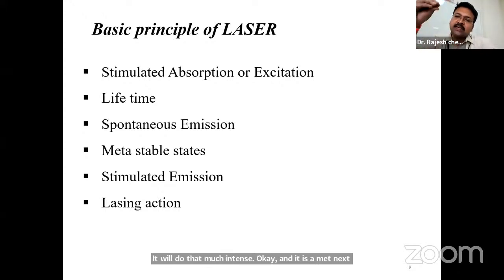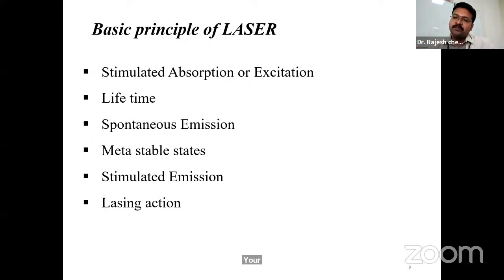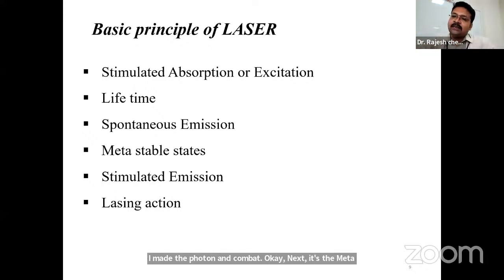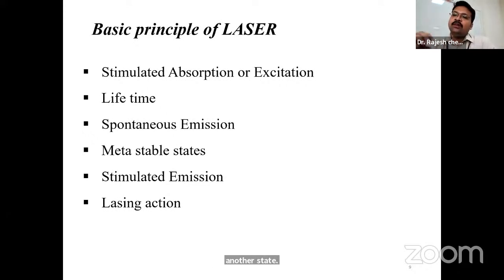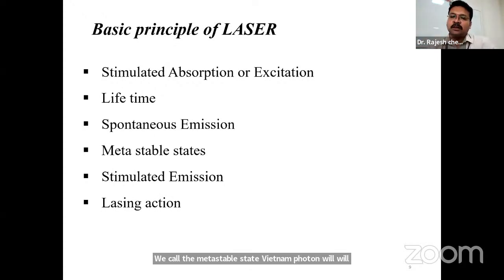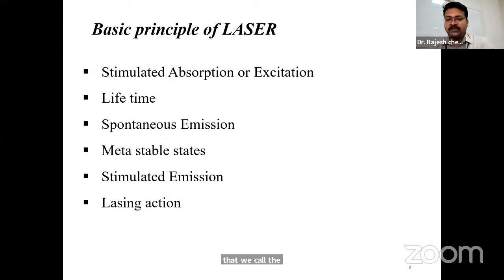After staying in the excited state, it will spontaneously emit a photon and come back. Next is the metastable state, where the photon will exist for more time as compared to the excited state. From there it comes to stimulated emission, and finally it gives the lasing action.